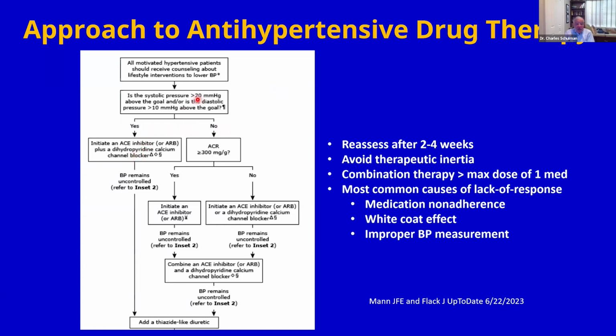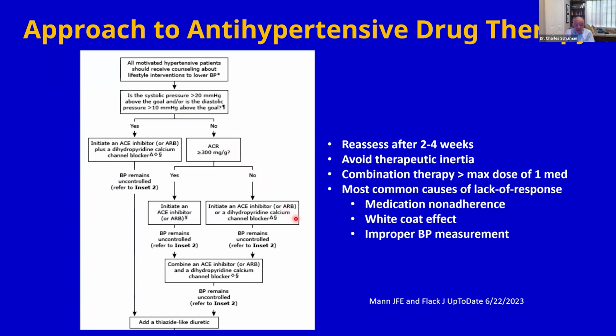If the blood pressure is over 20/10 above goal, so that would be over 140 over 90, initiate 2 drugs at small doses. If blood pressure is not that high, is the patient spilling protein in his urine?